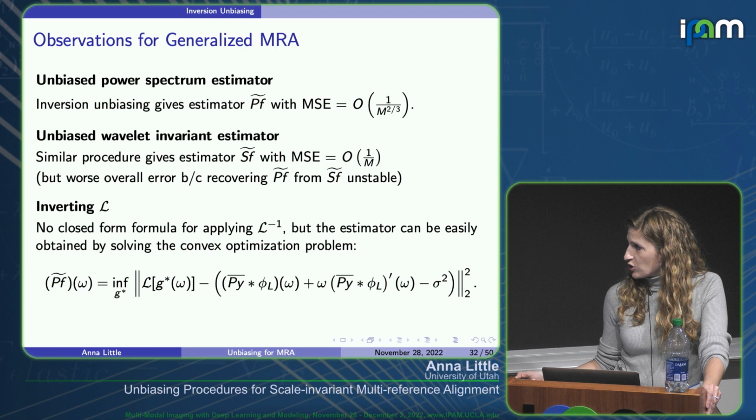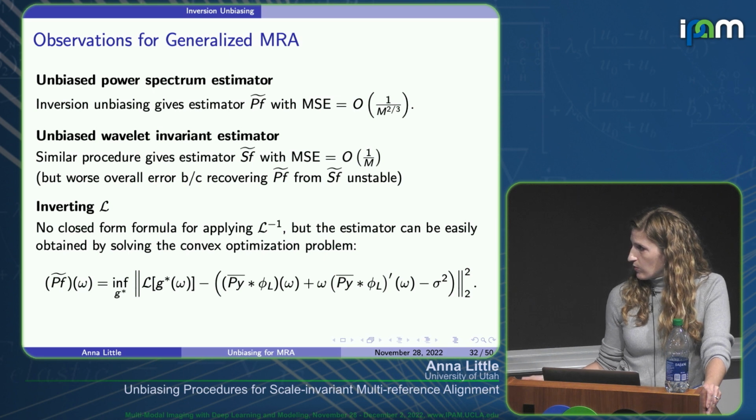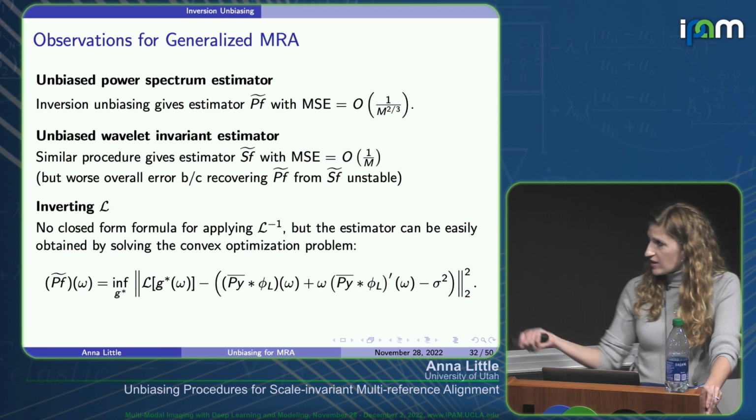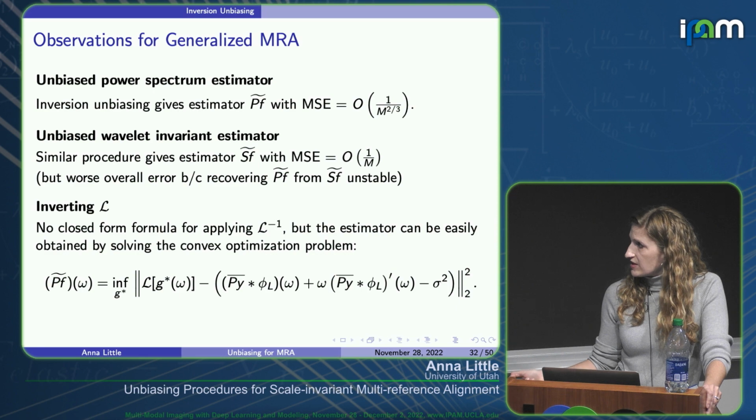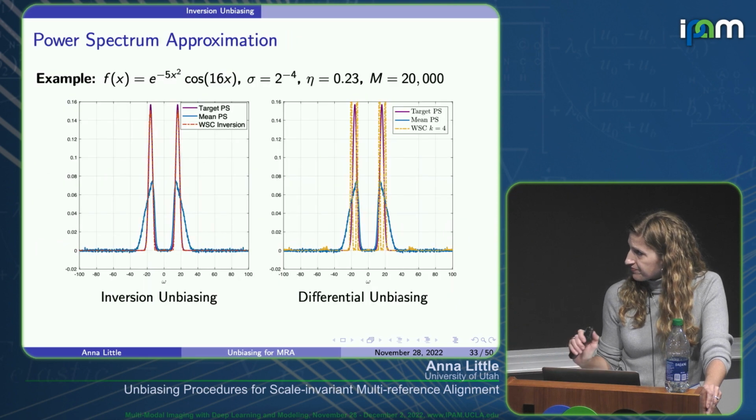We have a term that we compute from our data, this is our data term, and then we are trying to find the best G, the best power spectrum, that when we dilate it, matches what we observe in the data. That's pretty stable and easy to do.